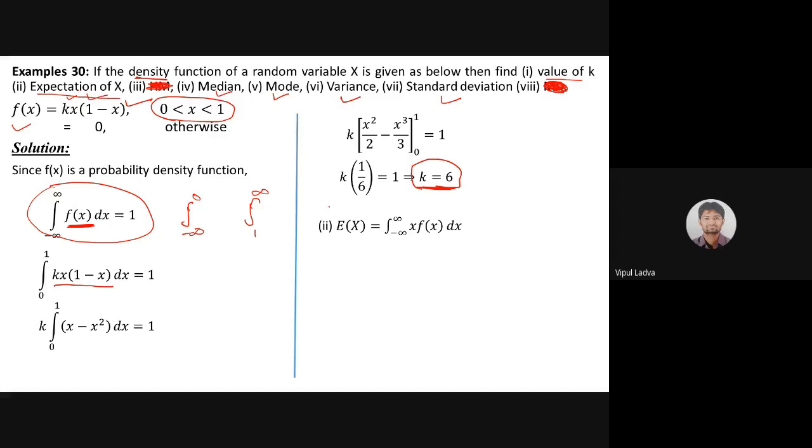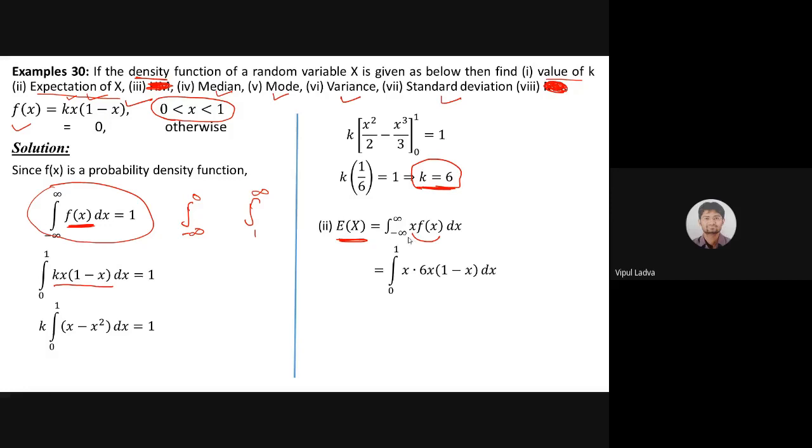Now, what is the definition of expected value for the continuous random variable? The expected value is the integration from minus infinity to infinity of x times f of x, dx. Okay. Now let's put f of x over there.